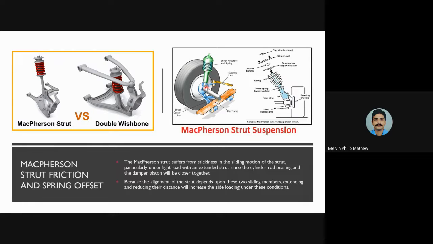So you can see this is the wheel hub. The suspension component is directly mounted to the wheel hub, and from the wheel hub, the front axle. So this is what the front axle looks like, and this is the car frame that is mounted onto the lower control arm of the Macpherson strut suspension.